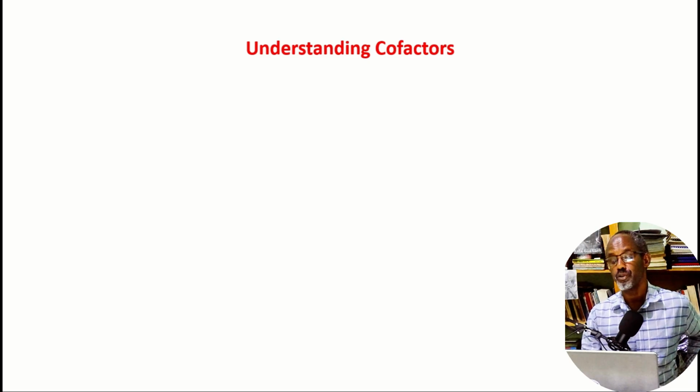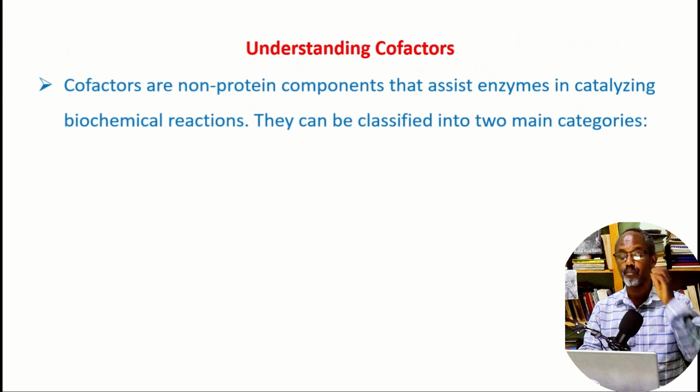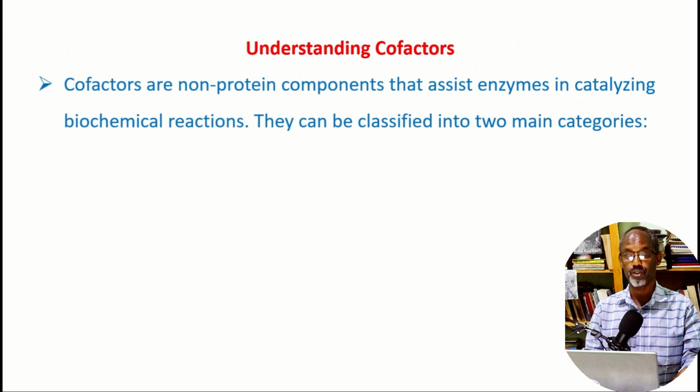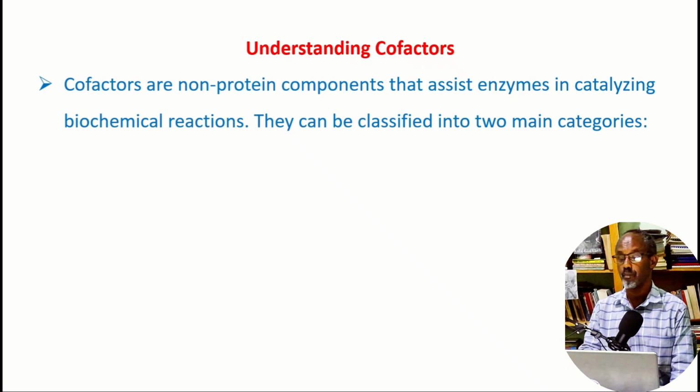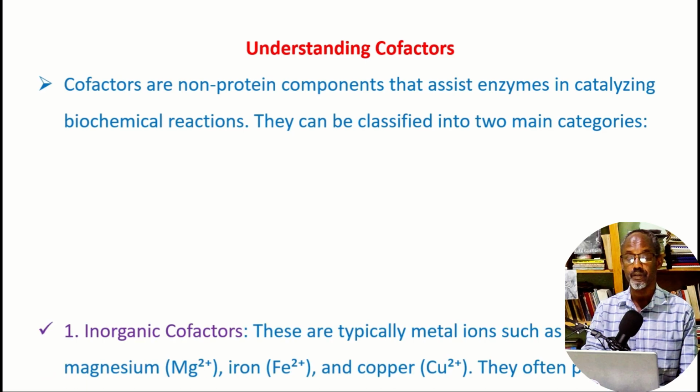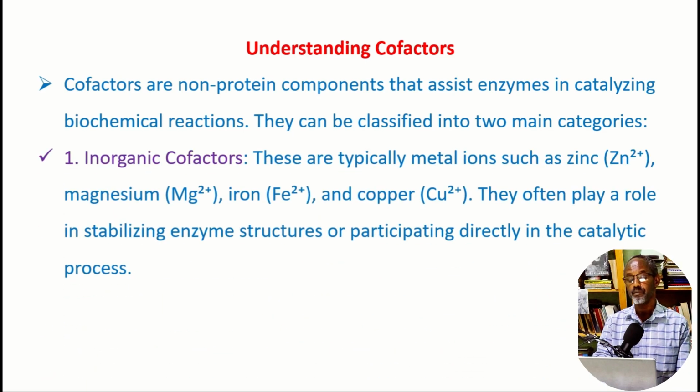Let us elaborate on cofactors, understanding cofactors. Cofactors are non-protein components, not compounds, that assist enzymes in catalyzing biochemical reactions. They can be classified into two main categories. These are the inorganic cofactors, inorganic, not organic.